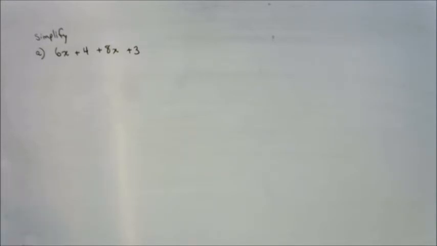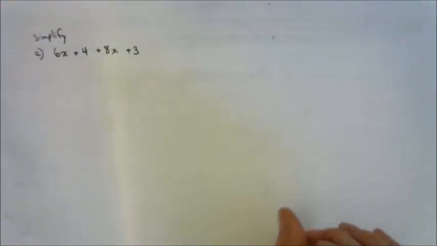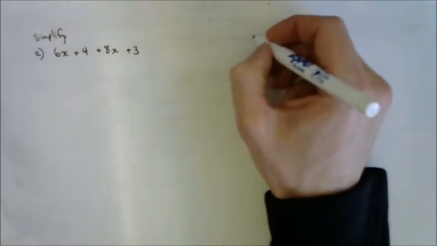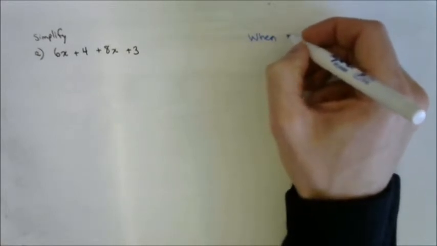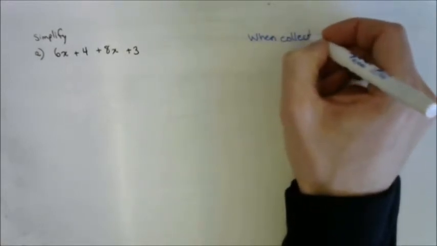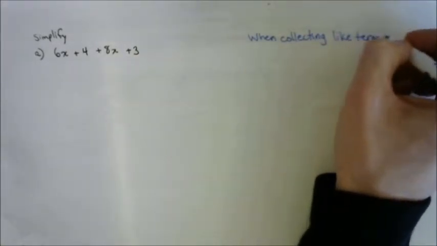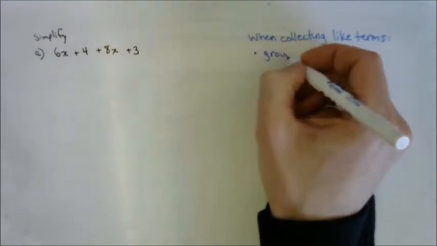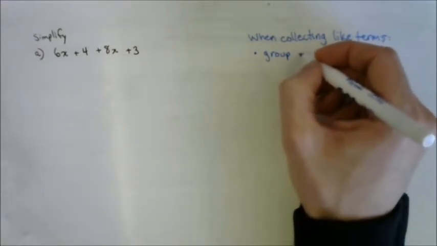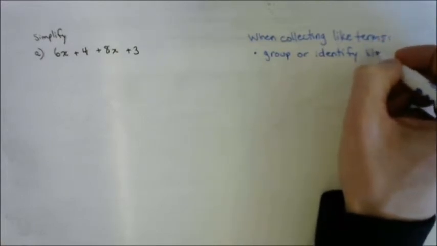Let's say off to the right, we're going to do a few notes for ourselves. So you need kind of like a column here. Doesn't have to be half the page. It'll be a little bit less than half the page maybe. We're just going to give ourselves some notes so we know what we're doing. It's strategy, it's steps to doing it. When collecting like terms, first, group or identify like terms.